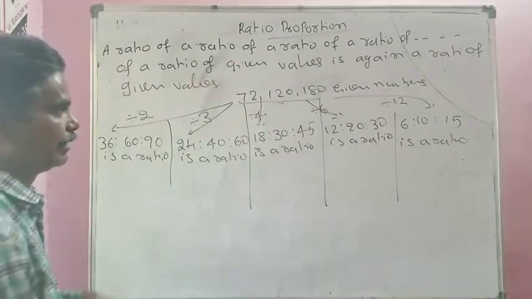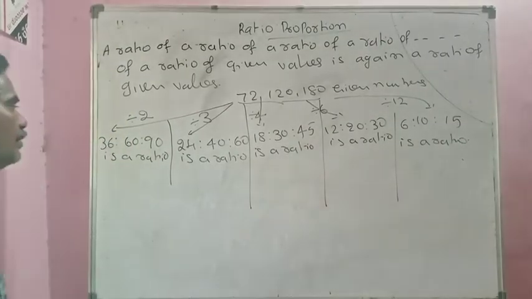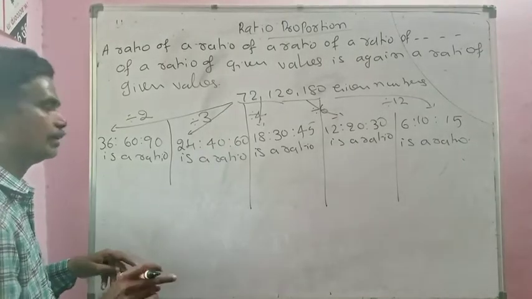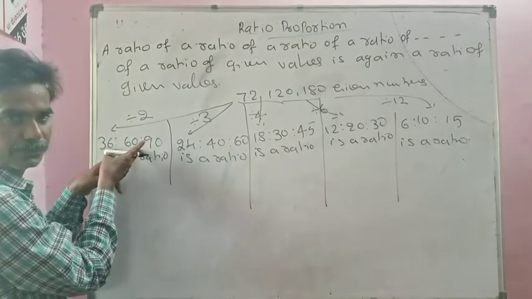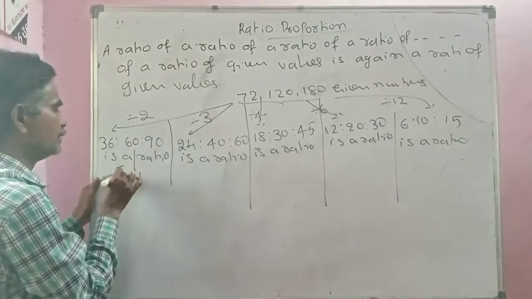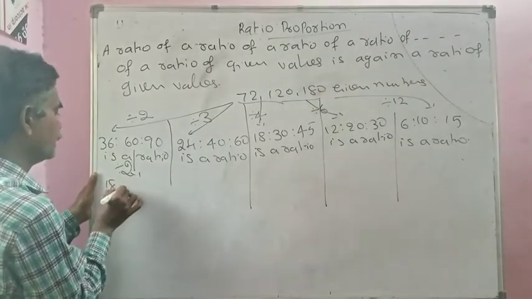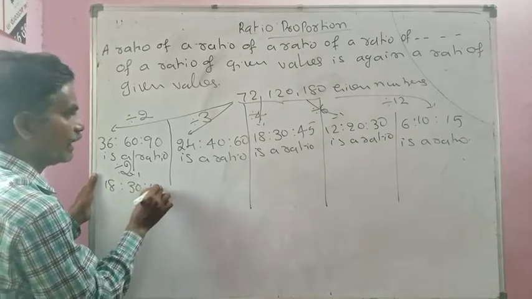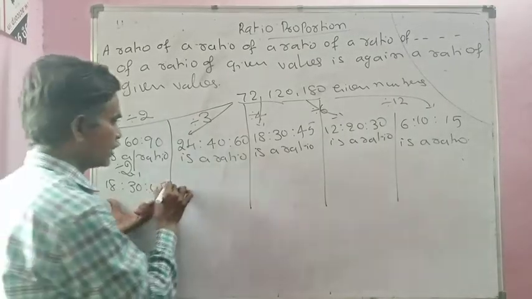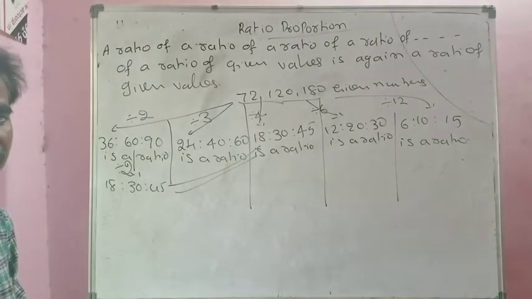Now we have different ratios of the given values. Now let us find a ratio of this ratio. For that, let us divide these values by 2. Then you will get 18 is to 30 is to 45. You can observe that the values here are equal to the values in an already existing ratio.